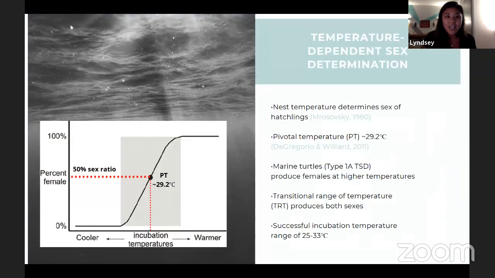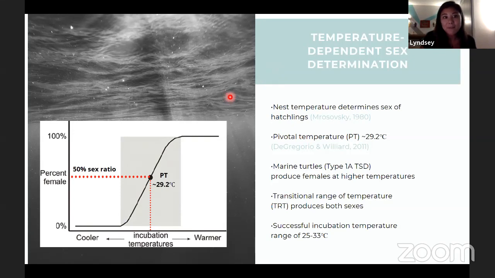So sea turtles demonstrate what is known as temperature-dependent sex determination. And I like to think about this as females are hot and dudes are cool. So when the temperature increases and is really warm, there's going to be more females. And at cooler temperatures, there's going to be more males.